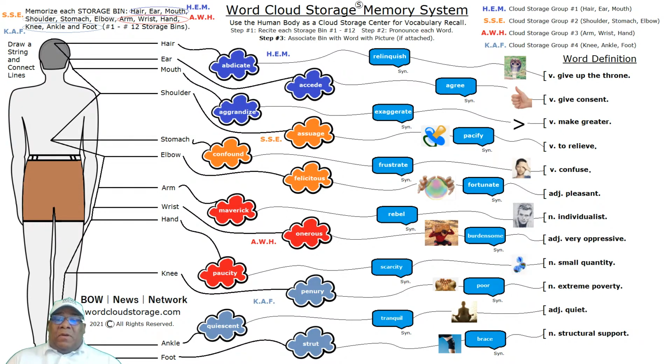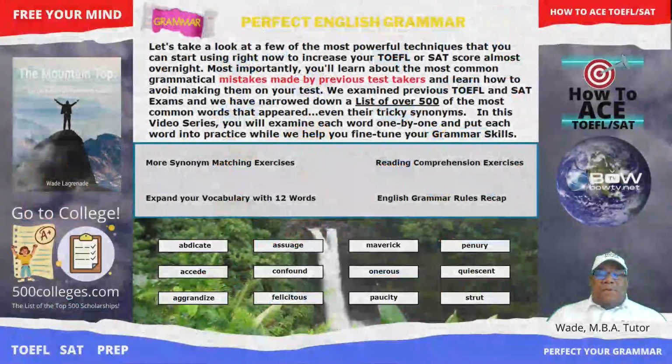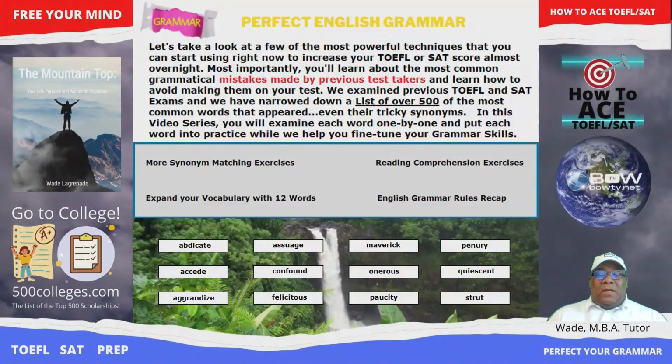It's very interesting that you can connect a hand storage bin to marbles, and you most likely will never forget the word paucity, or scarcity, or, as we mentioned, abdicate, to the hood of a king cobra, because it's very similar to the hairline on top of your head, which looks like the hood of a king cobra.